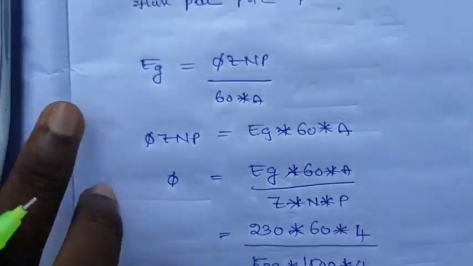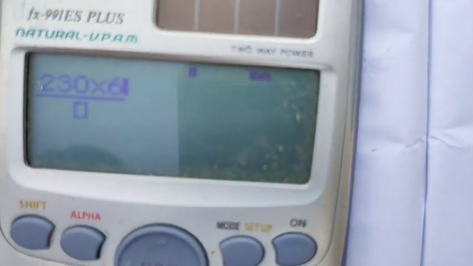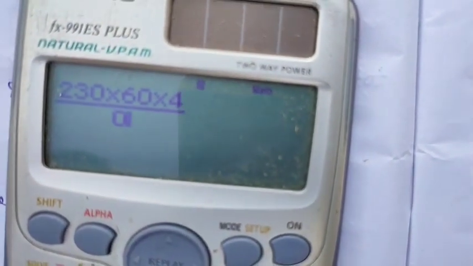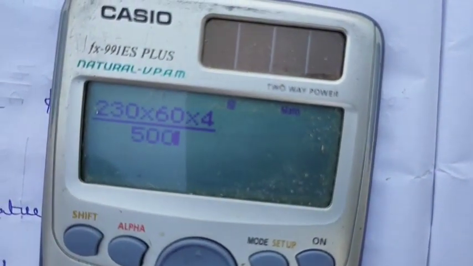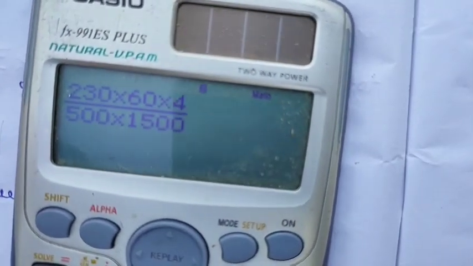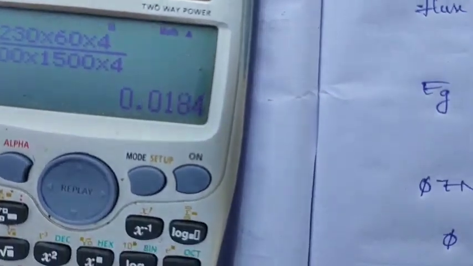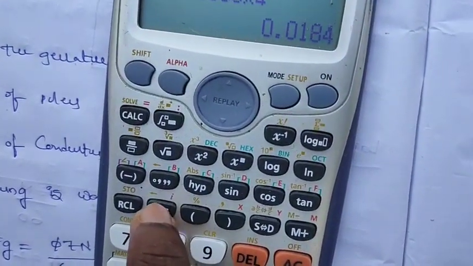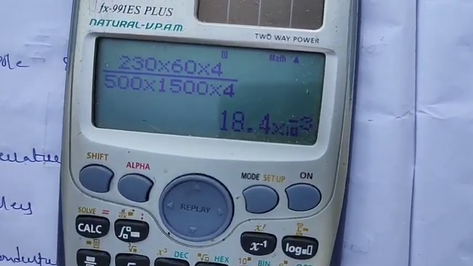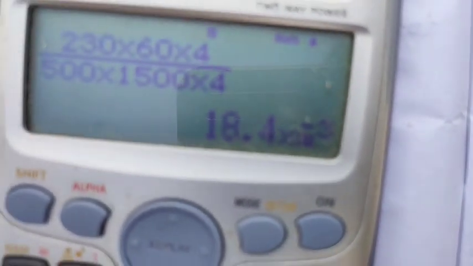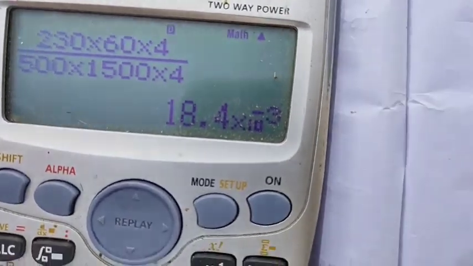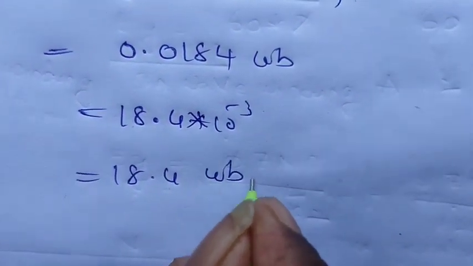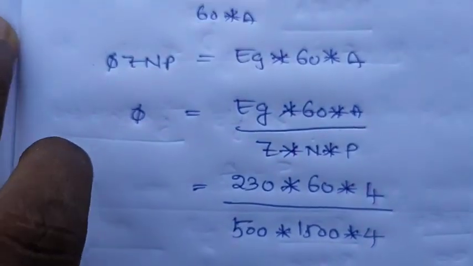Solving that, 230 into 60 into 4 divided by 500 into 1500 into 4 gives 0.0184. In engineering notation, that is 18.4 into 10 power minus 3 webers, that is 18.4 milliwebers.